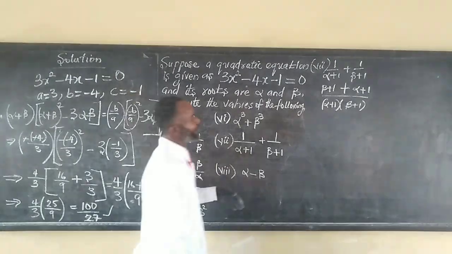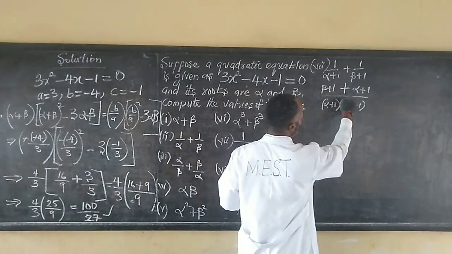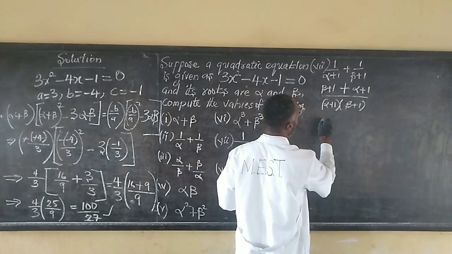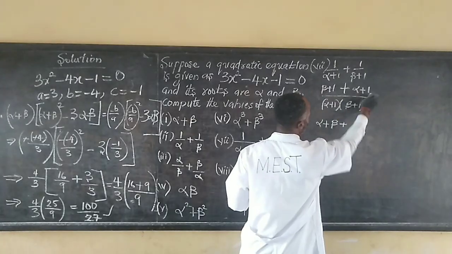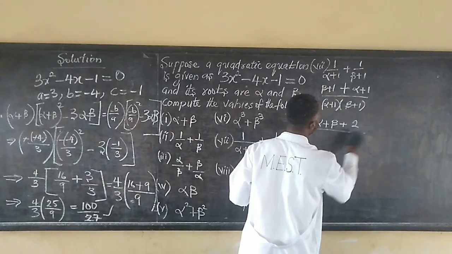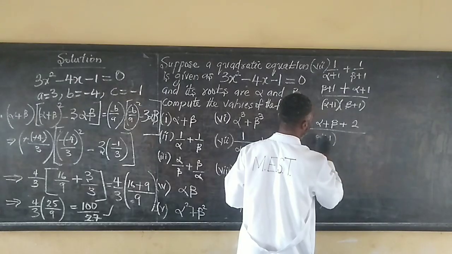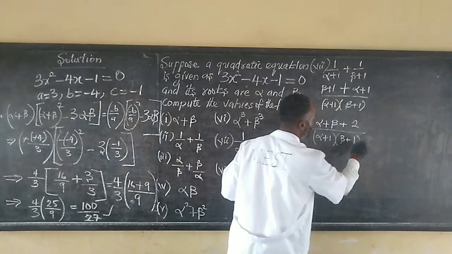The next step, we collect like terms here. This and this can go, and we have alpha plus beta. 1 plus 1 will give us 2, all over alpha plus 1, brackets, beta plus 1.